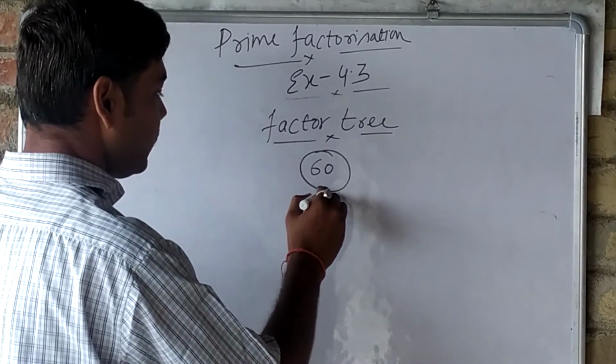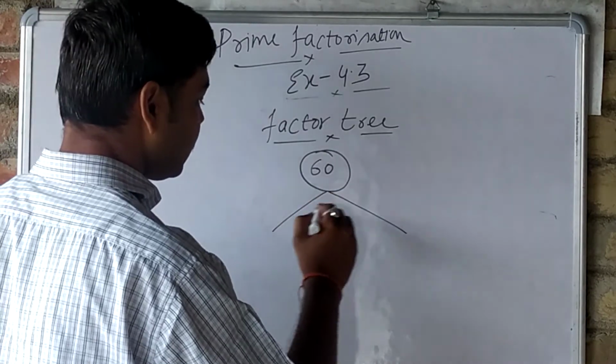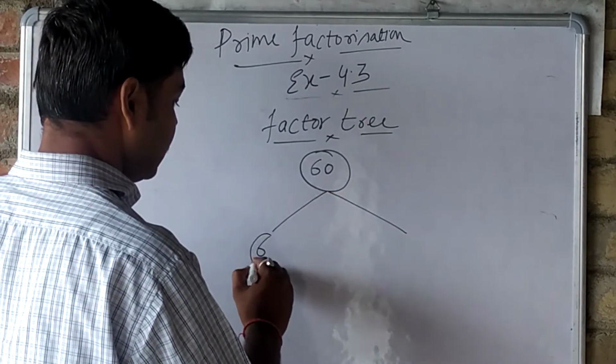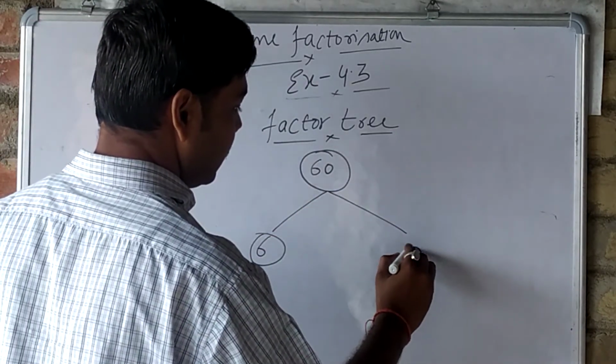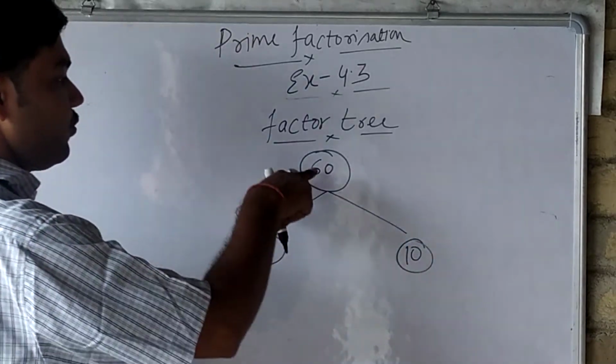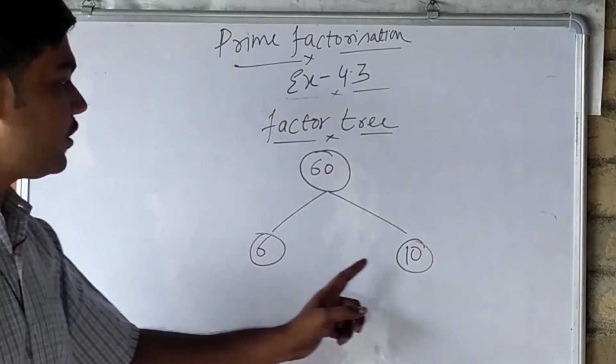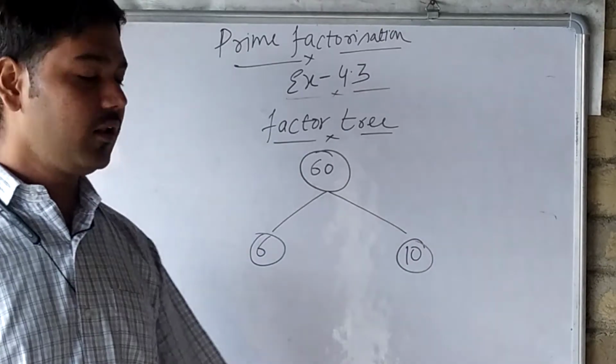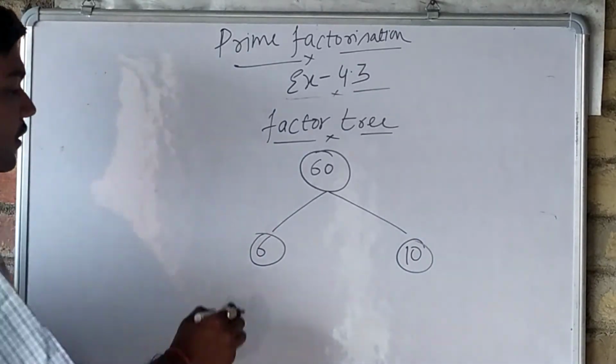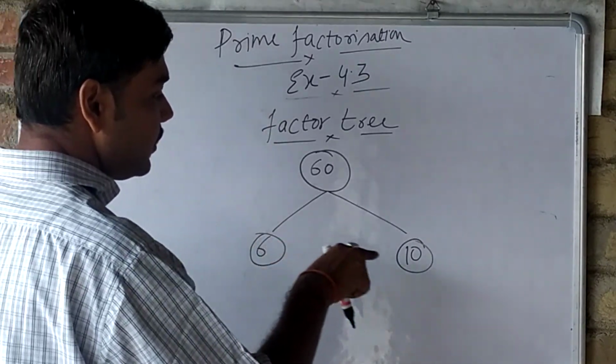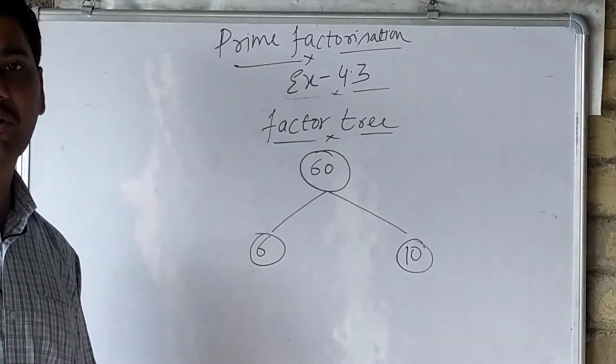So we will do it like this: 6 and 10, 6 into 10, that means this 60 is now divided into 6 and 10. Now we all know that neither 6 nor 10 is a prime number.